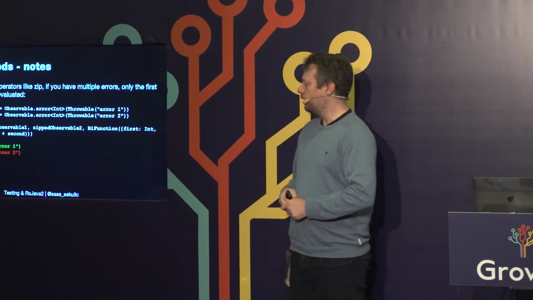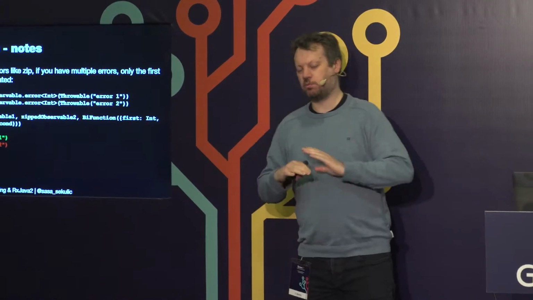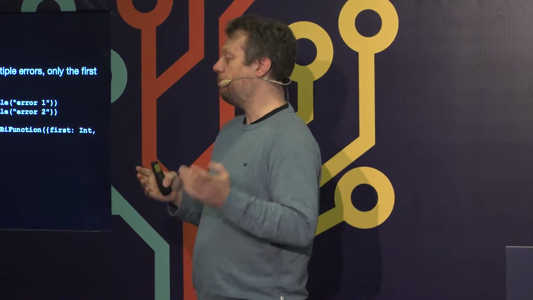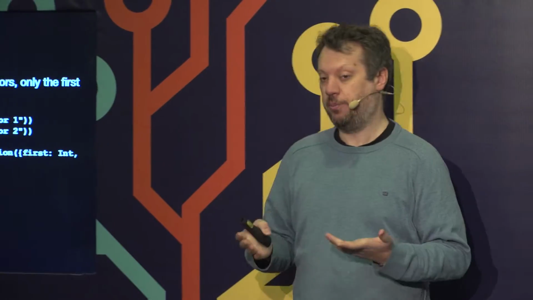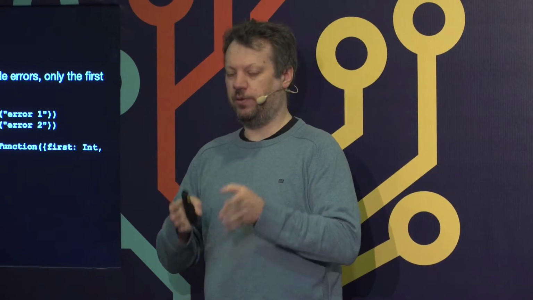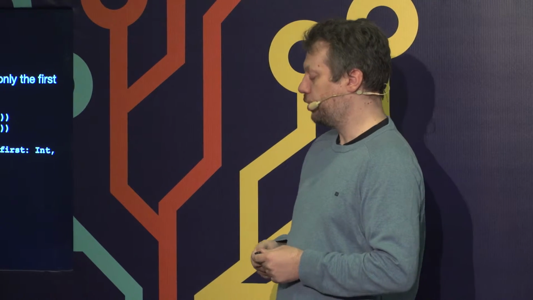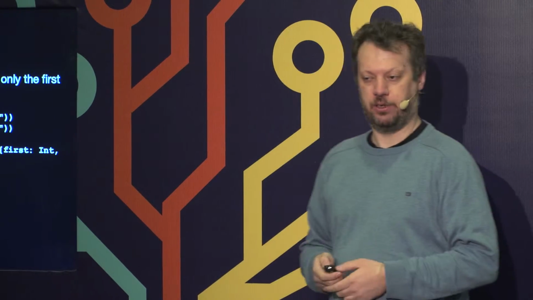It will just go out to an error on the first error it receives, and it cannot recover from this. Also, if you expect to receive multiple errors, you have no guarantees which error you're going to receive first. So you might have those edge cases where you say I'm expecting 2 different errors, and I expect this error to arrive first and the second to arrive last. That might not happen, right? So testing for a specific order of errors when it comes to these operators is not a good idea. It took me some time to figure this out.